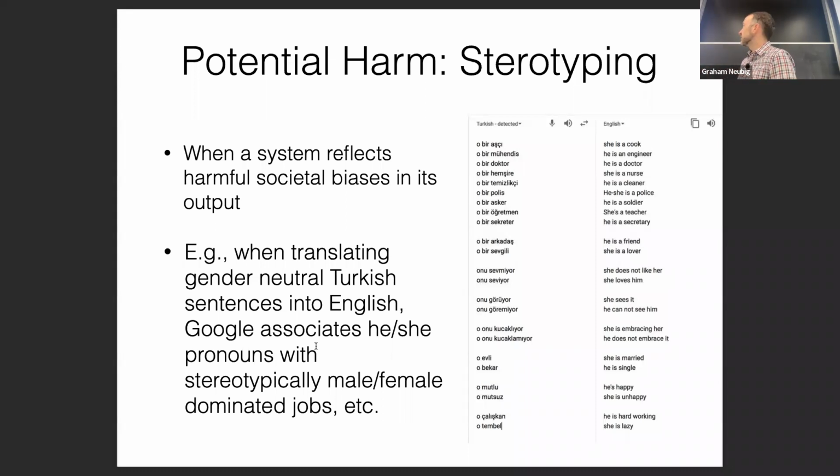So that's an example of how you can take a machine learning system and build on top of it to identify when you shouldn't be making an assumption about gender. One of the problems with that is there are cases when it is very obvious, like gender non-neutral pronouns or other things like that. So you also need to detect when it is ambiguous, and you should be hedging your bets.